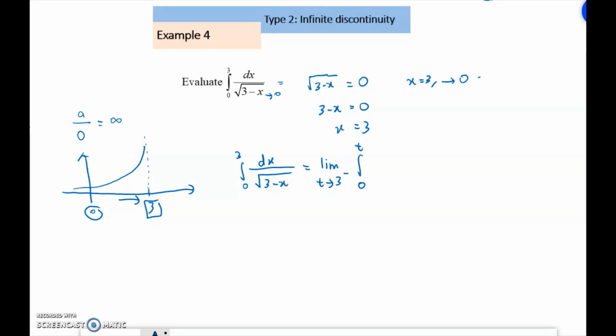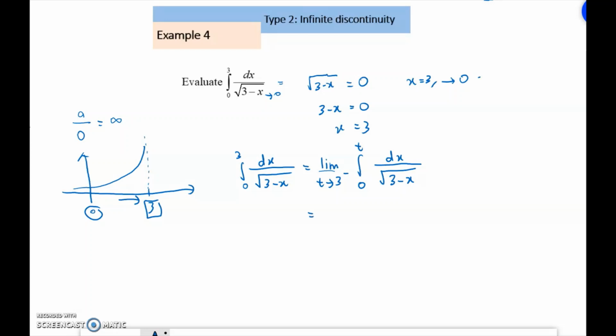So the sign will be negative. dx over square root of 3 minus x. For an improper integral, remember that you have to write down this limit. If not, you cannot get the correct answer. Even if your final answer is correct, but you didn't put the limit here, you still do not get the correct method.